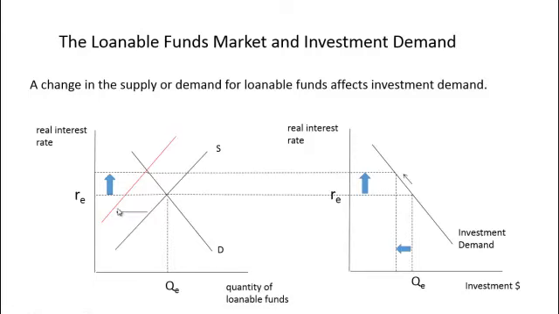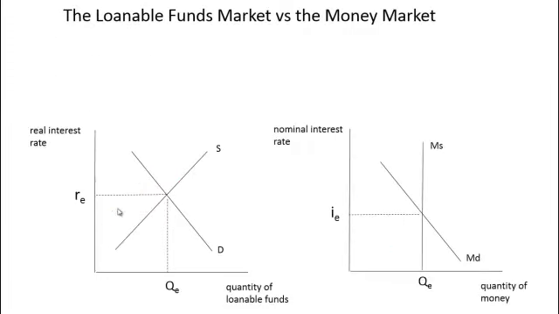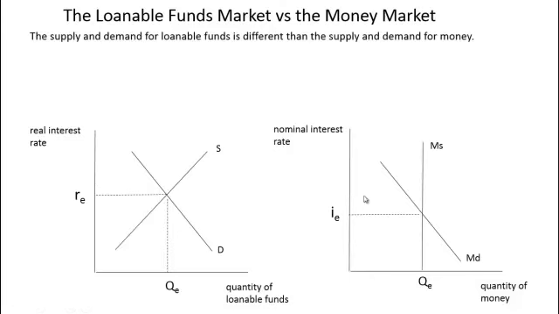The last issue we'd like to cover with you is just a note not to confuse the market for loanable funds, which was what we've been working with here, and the money market. It can be confusing because both of these markets have dollars on their horizontal axes and interest rates on their vertical axes.